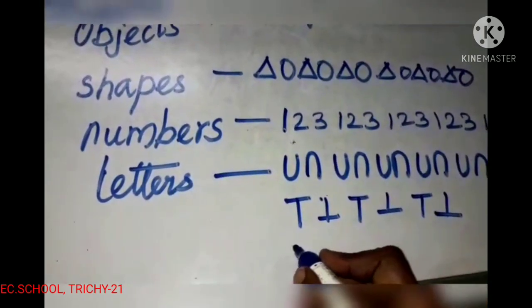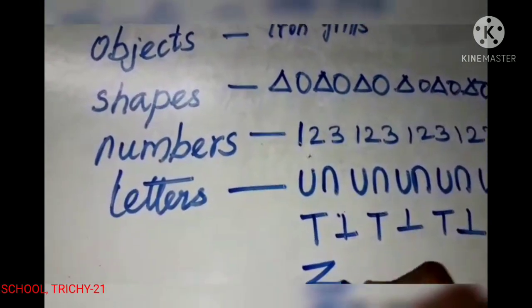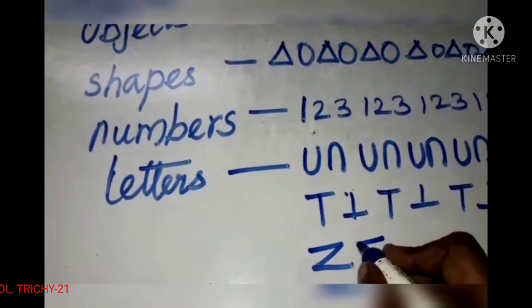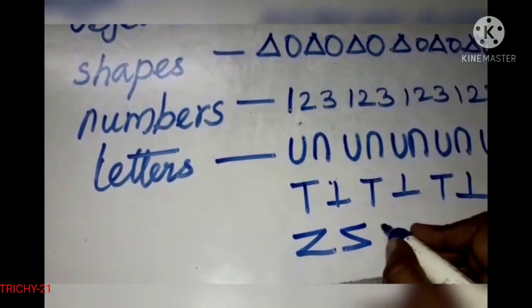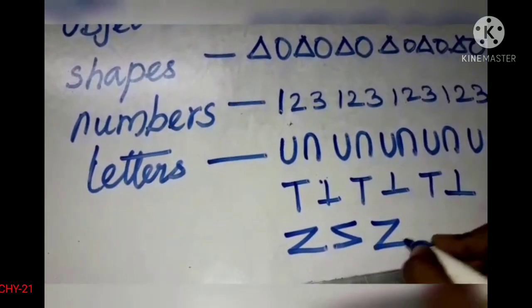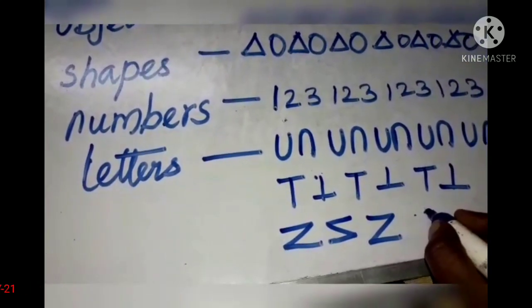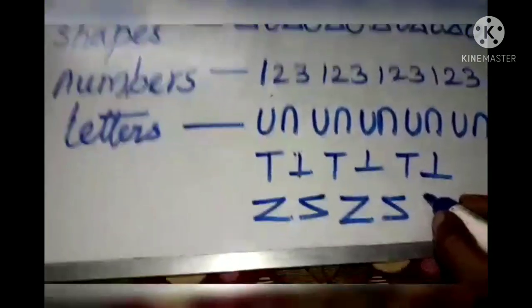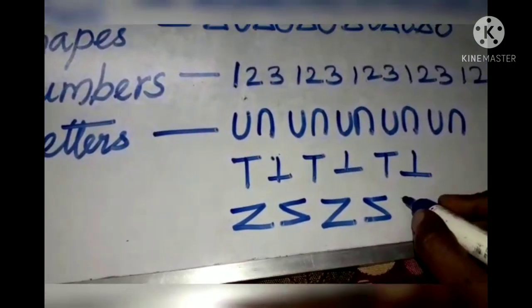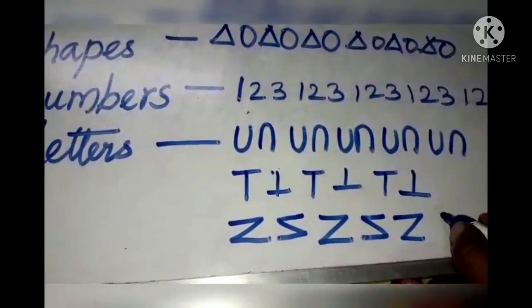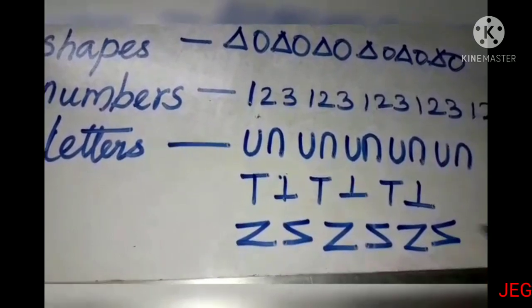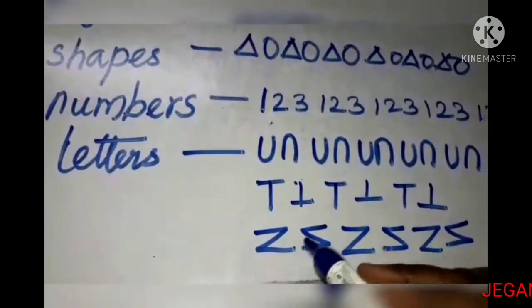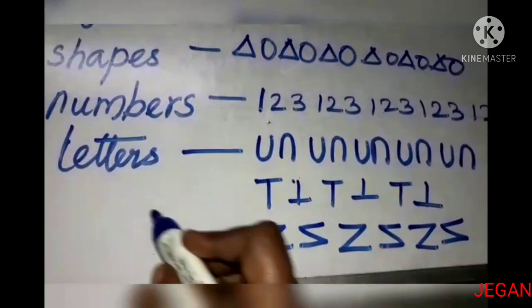See, the letter is Z. Then reverse type. Here reverse is Z, then reverse Z. Okay, this one is inverted, this one is reversed.